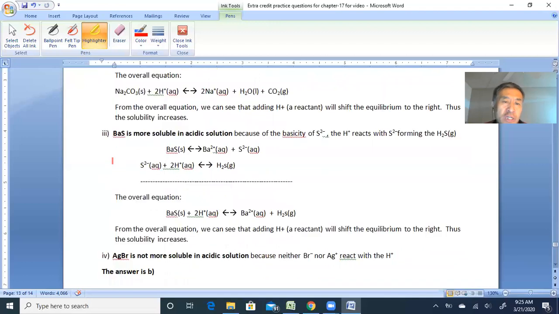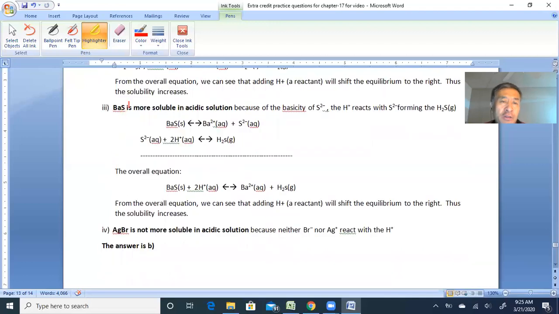So the next question is, this salt, BaS, is it more soluble in acidic solution? Yes, because our anion, or the negative ion, is S2- sulfide. To explain this, you take the salt's solubility equilibrium, then the reaction between the negative ion and acid.